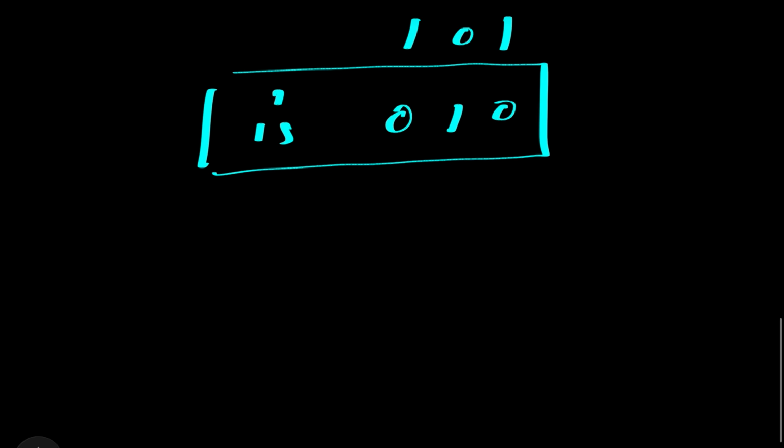That carry and all, we check while we go for subtraction. Again, example: suppose we are having 101 and 011, and we need to perform the subtraction.